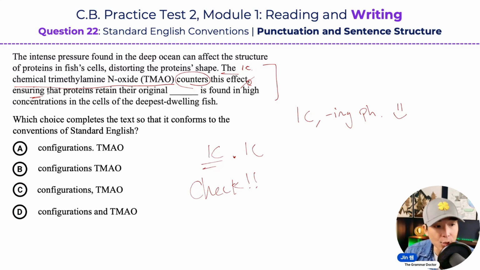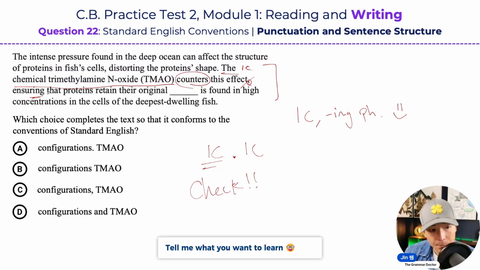But this event ensures that proteins retain their original configuration, right? That event is explaining how TMAO counters that effect, right? So in this case, these two events are occurring at the same time, because that ing phrase is just explaining how this effect is countered by TMAO.